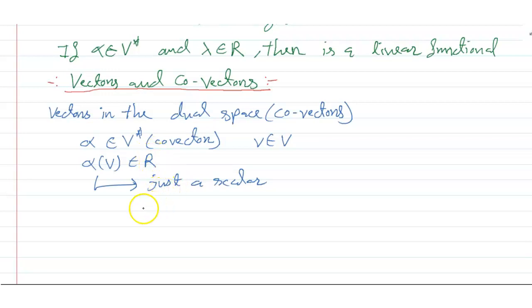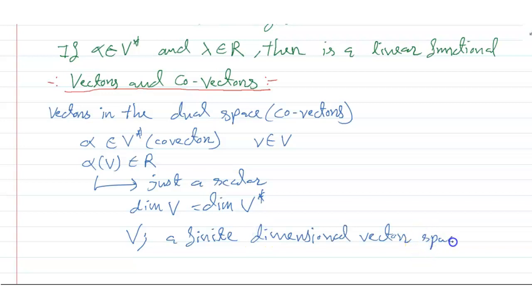Here the dimension of V is equal to the dimension of V star, where V is a finite dimensional vector space.